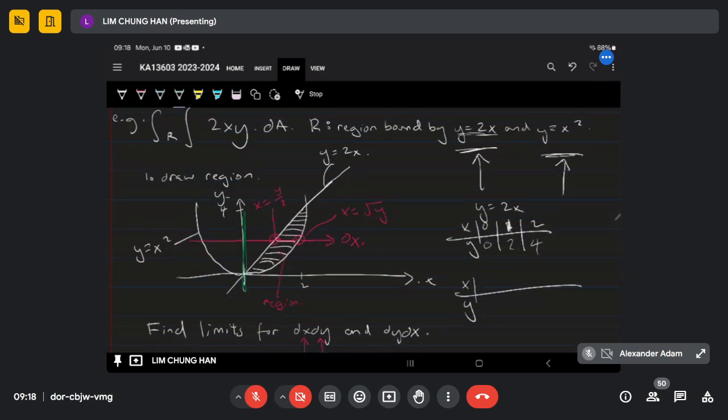The biggest number is there. That is the smallest number that defines the region, and the largest number that defines the region. But we don't actually know what it is. We don't know where that intersects. So we have to find the intersection point.